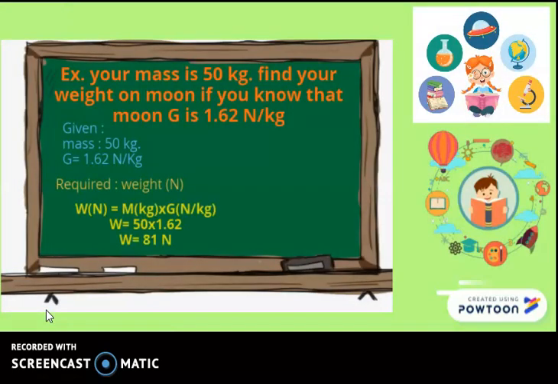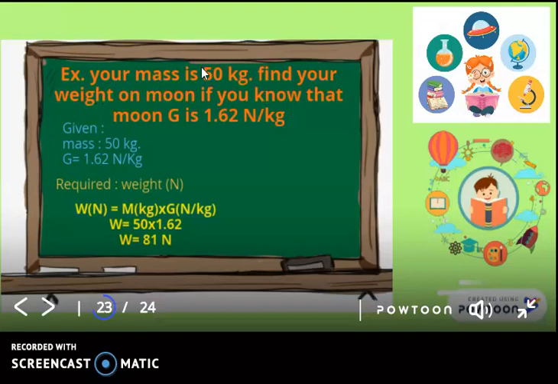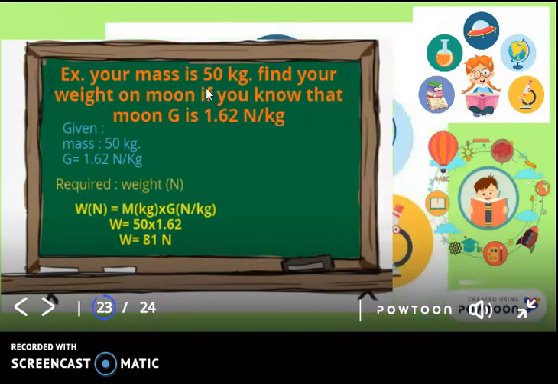Okay, let us have an example. We already solved one on Earth, but now we have the same mass. Your mass is 50 kilogram. Find your weight on Moon, if you know that the Moon's G, which is the gravity constant, is 1.62.